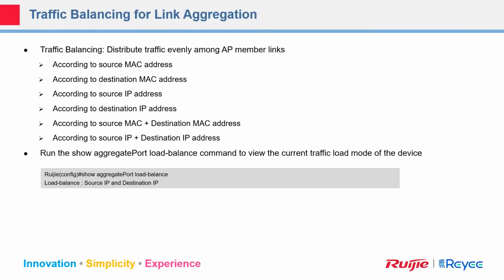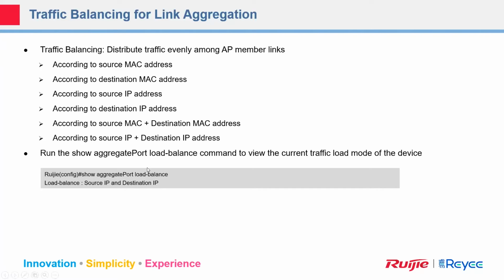But here I will explain in detail. We say link aggregation can provide traffic balance, right? Based on different parameters, we can use the MAC address information, IP address information, or both the MAC address and IP address together. Finally, this decides which packets use which link to forward the traffic.